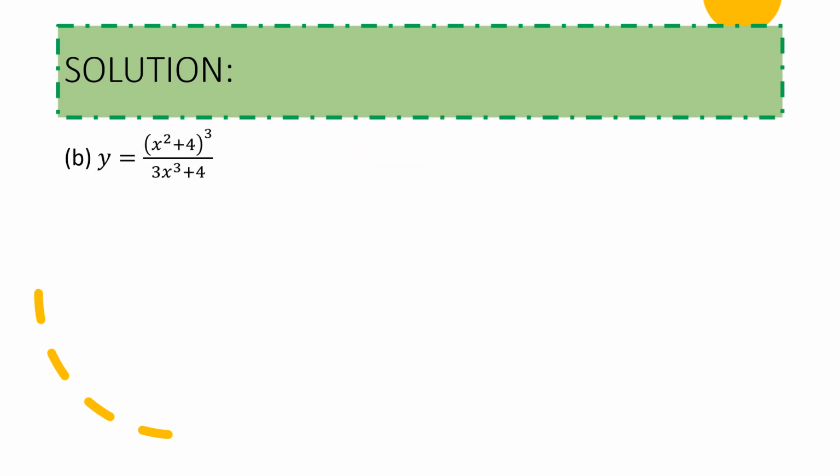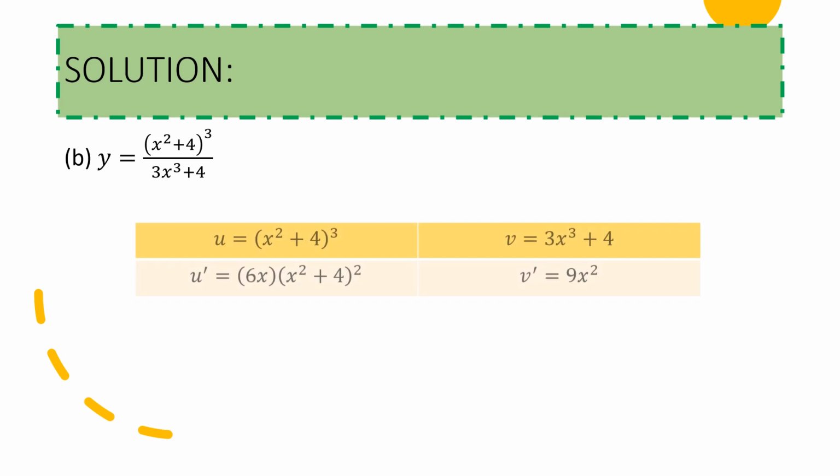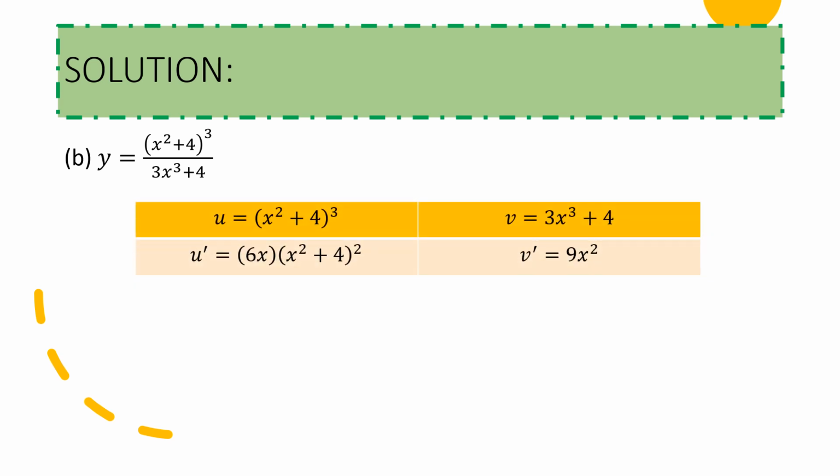Next, B, we have y equals (x squared plus 4) cubed over (3x cubed plus 4). So to find the derivative of y, we need to use quotient rule. First, we let u equal (x squared plus 4) cubed, and to find u prime, we need to use power rule.